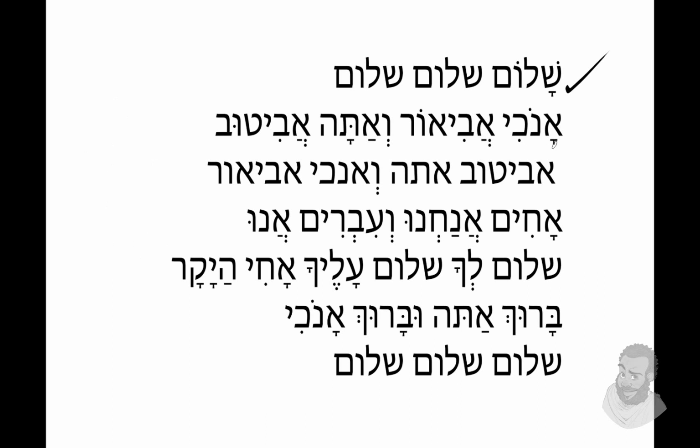So Anochi Avior. Ve'ata, and you, ata, means you, male, singular, right? I'm speaking to one male. Ve'ata avituv, and you are father of goodness. Tuv is goodness. Avituv, okay? Shalom, shalom, shalom. Anochi avior, ve'ata avituv. Avituv ata, I switched it around.